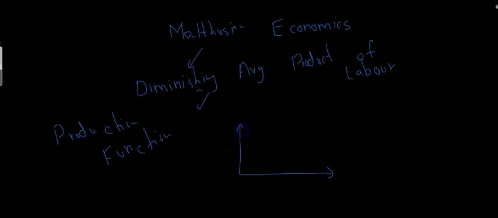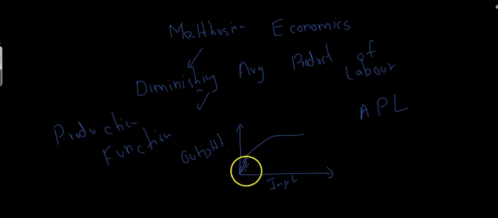The production function is normally drawn in which you have some output, this is your output, and using some specific inputs, and you know that it's drawn mostly like this. So this is your production function, and if we draw a line from the origin to any point, that is the average product of labor.